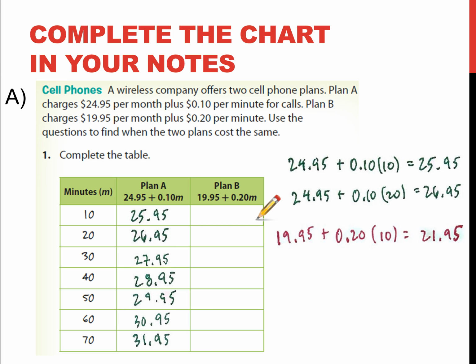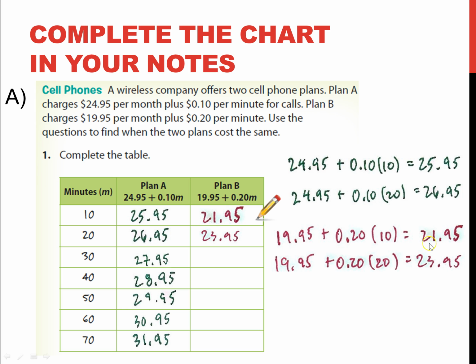I can do the same thing for plan B: $19.95 plus 2/10 times the number of minutes. The first line of my chart is multiplying times 10 minutes, so 19.95 plus 2/10 times 10 is 21.95. For 20 minutes, it's 19.95 plus 2/10 times 20, which is 23.95.